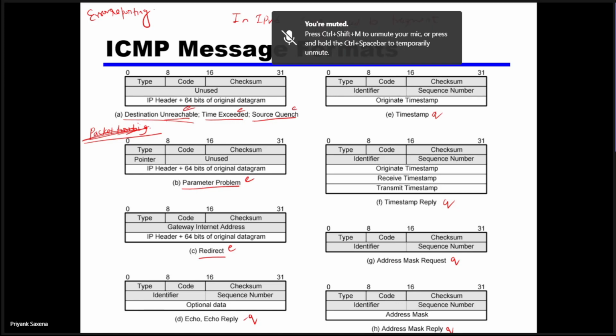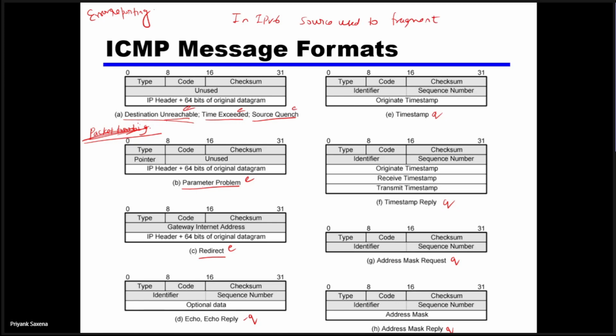And once they update their tables, the updated tables are exchanged with the other routers, right? So the router comes to know that I can reach this particular network via this router. Okay, so whenever the router finds a new route to reach a particular place, that redirect message can convey to the source that you should use the other way to go, rather than sending it via me.